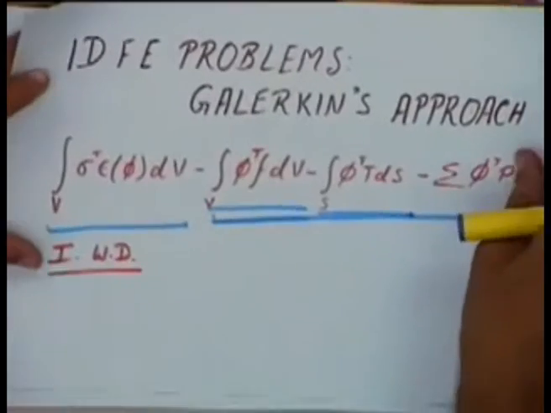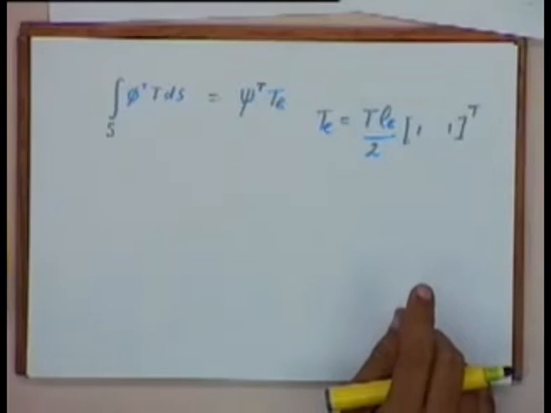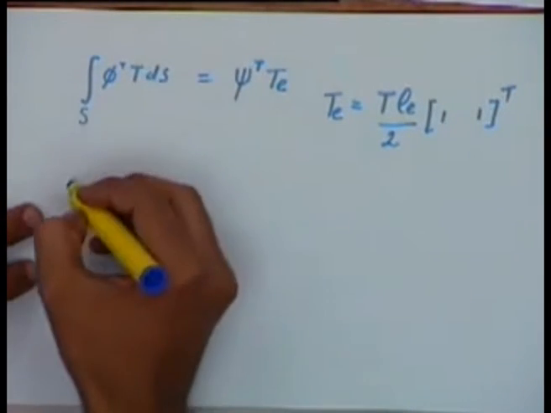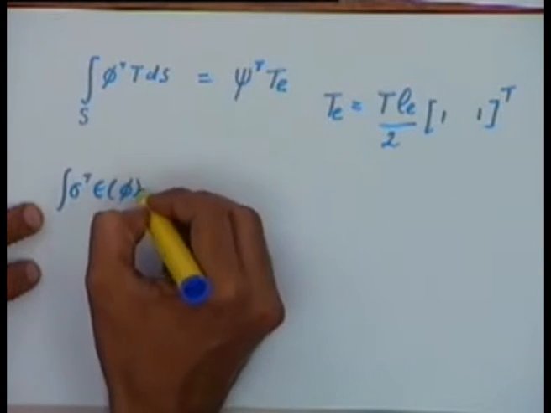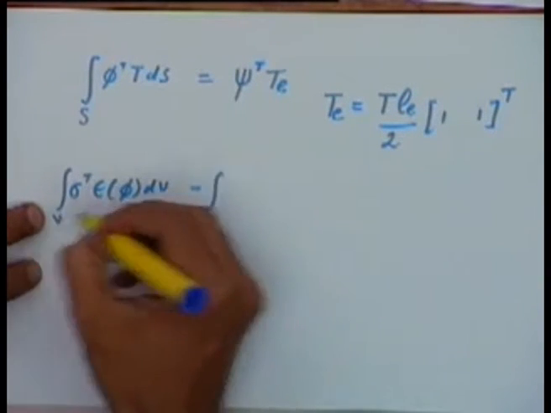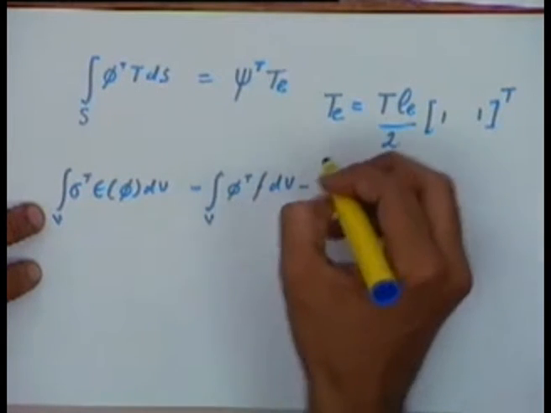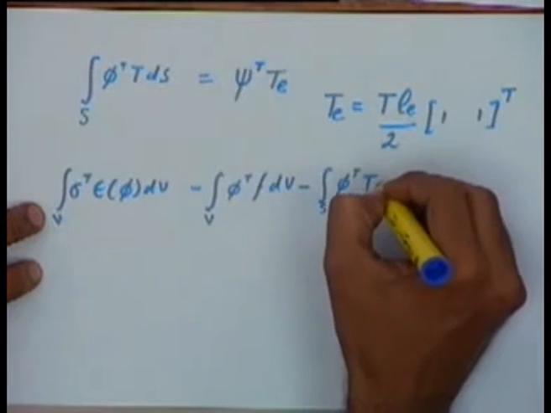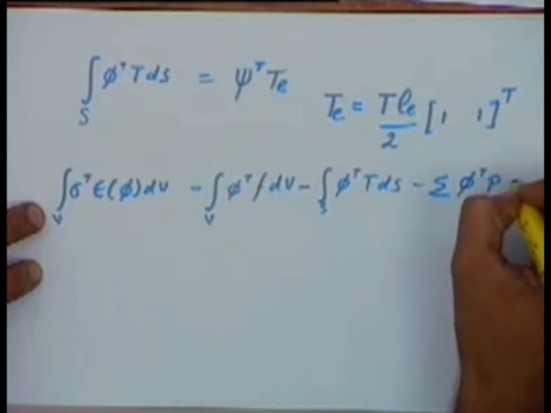So now if we take up this complete expression, I will just rewrite the same thing first: sigma transpose epsilon of phi dv minus volume integral of phi transpose f dv minus surface integral of phi transpose t ds minus sigma phi transpose p is equal to 0.